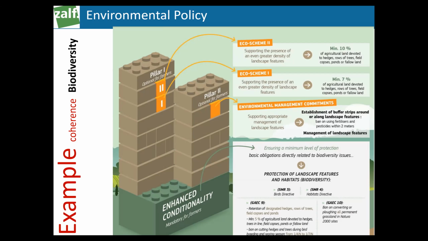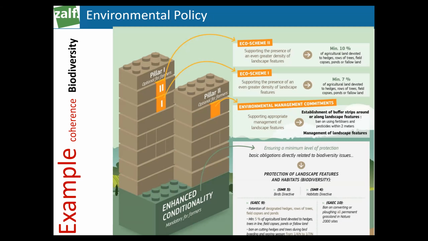And eco-scheme 1 would be supporting the presence of an even greater density of landscape features, 70% of agricultural land devoted to hedges, rows, and trees. You see from 2 angles the same support of the same issue of having more hedges in the landscape.